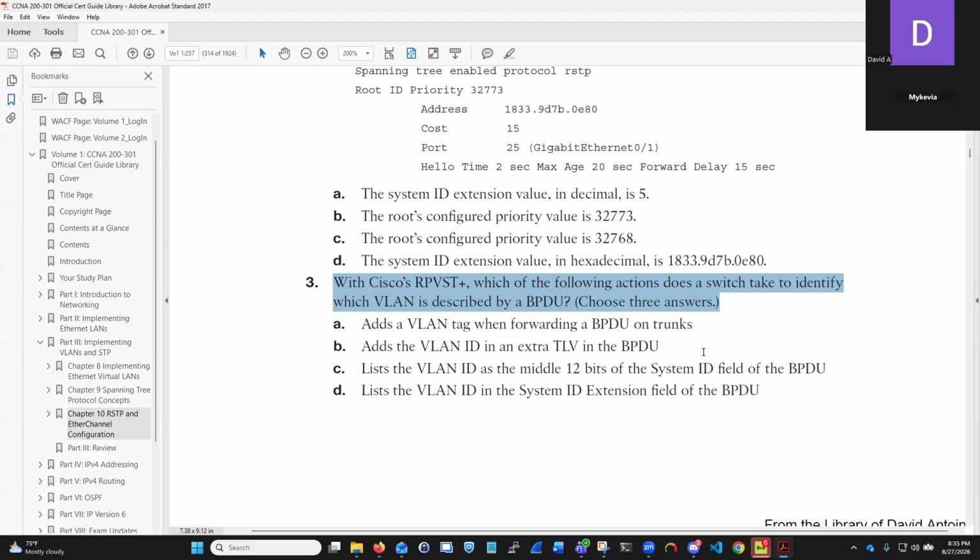C: lists the VLAN ID as the middle 12 bits of the system ID field of the BPDU.